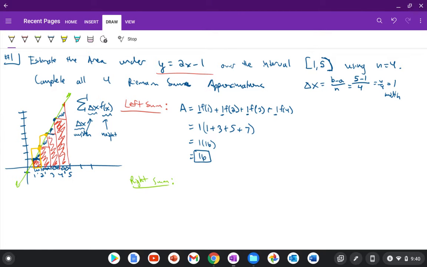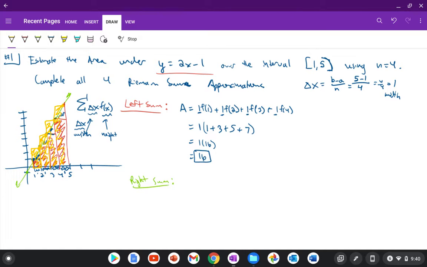Next one would be here, down and over, here, down and over, and then here, down and over. So then my rectangles turn into these yellow ones. In this case it's going to be an over approximation because I'm using my right endpoints. Notice that the function is increasing. Since it's increasing, if I'm using my right, it's going to be an over approximation. If it were decreasing, it would be the opposite effect.